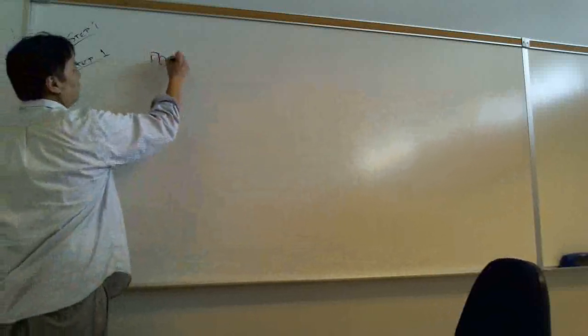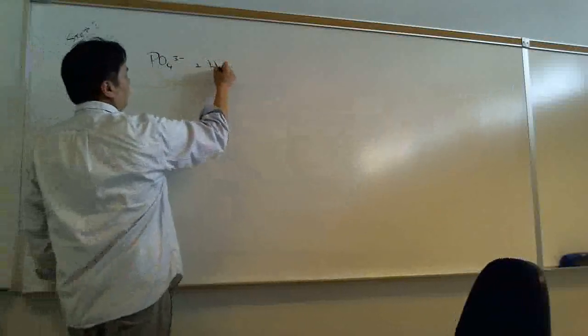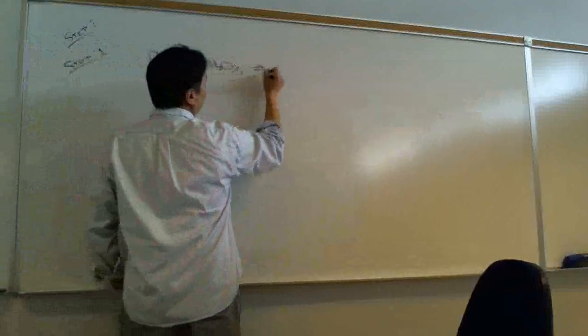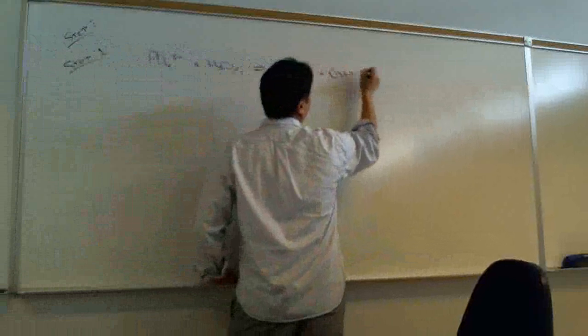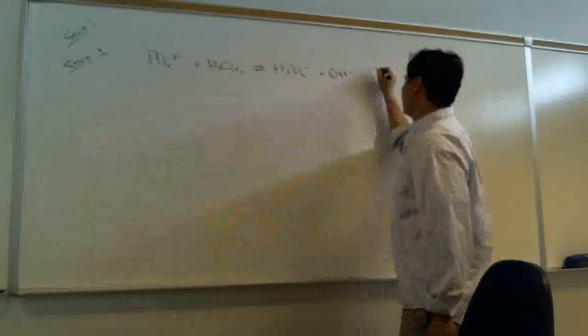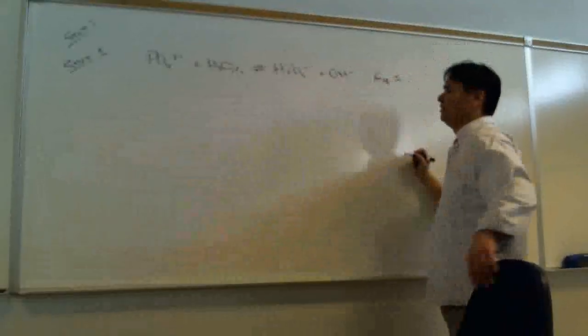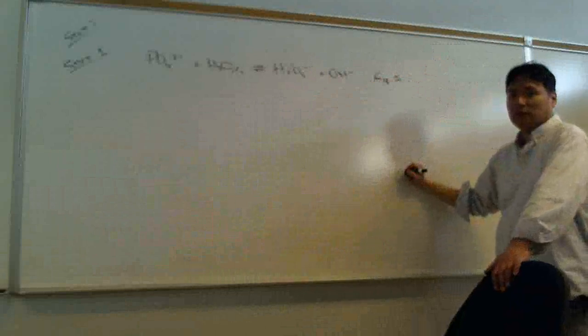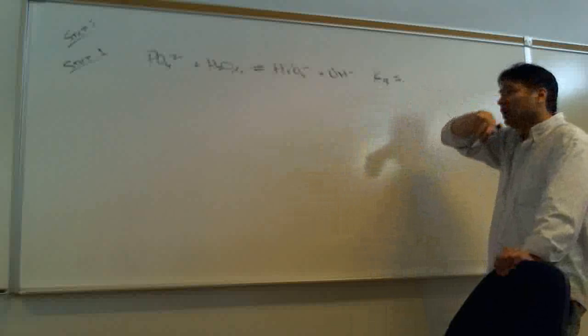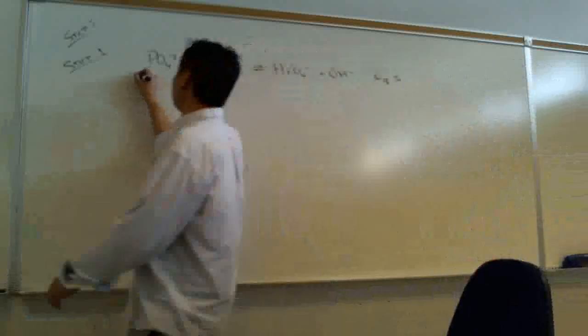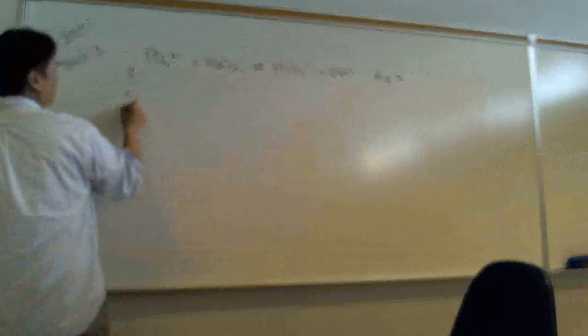Step 1 is this phosphate hydrolyzes water to produce monohydrogen phosphate and hydroxide. This is a Kb. We calculated Kb, right? This is also called Kb1 for phosphate. So initial, change, equilibrium.